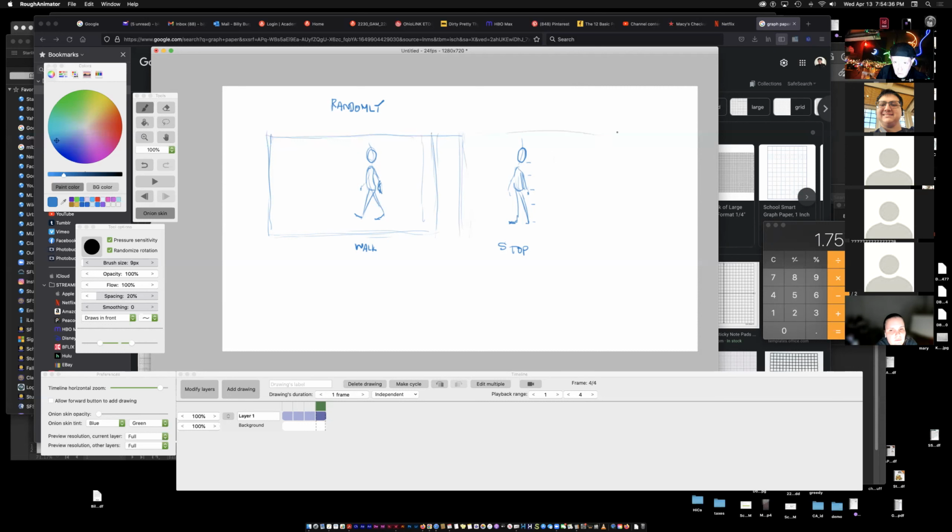So we're just going to study what that ratio is. So now this guy's kind of in the wrong place because if we're just going to walk, this walk is going to be in place. We're going to do our walk cycle in place. And remember, what we're doing is we're studying what these poses look like in our aspect ratio.